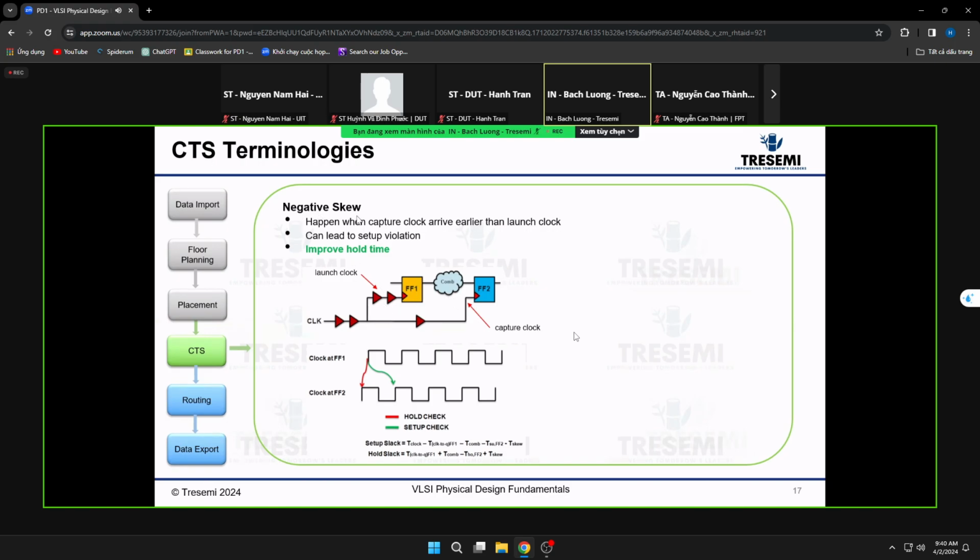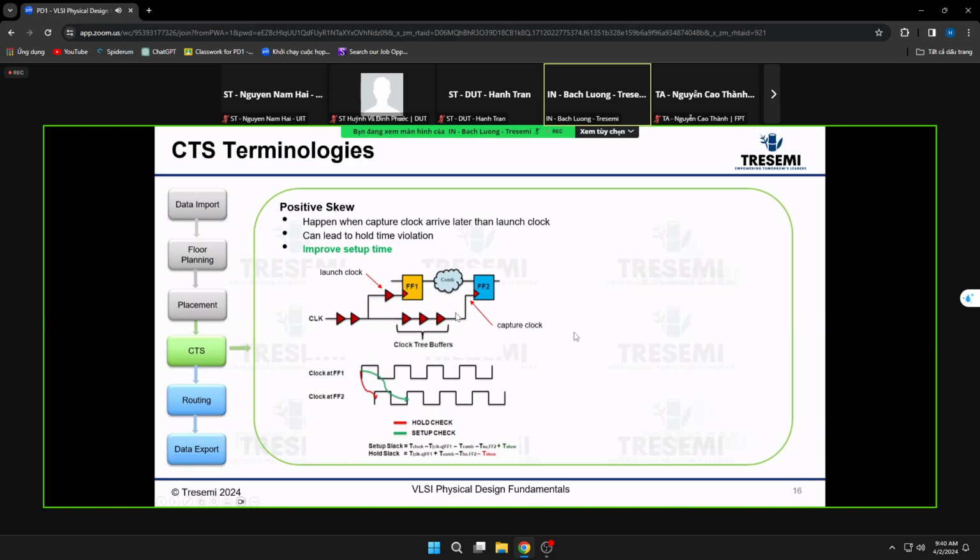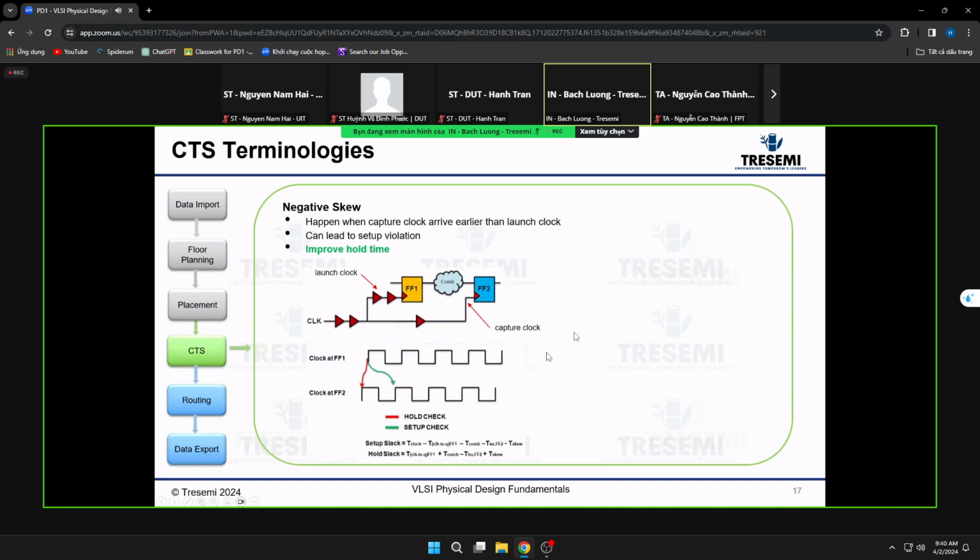That's what we call negative skew. Versus positive skew, where the capture arrives later: 2 nanoseconds and the launch arrives at 1, 2 minus 1, you have 1, which is positive. So yes, the skew equation is the same, just the capture minus the launch.